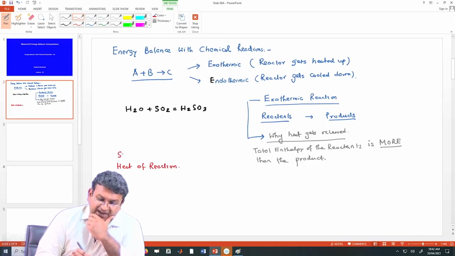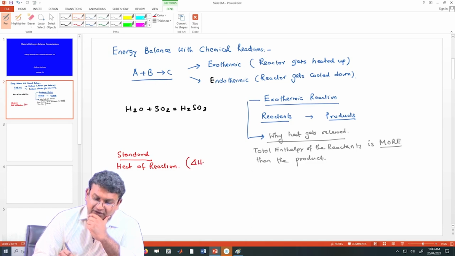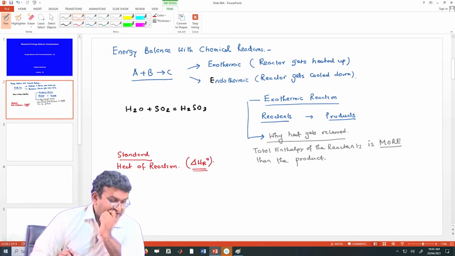Typically, we define the standard heat of reaction, and it is represented as delta H R 0. So, what is the standard heat of reaction?